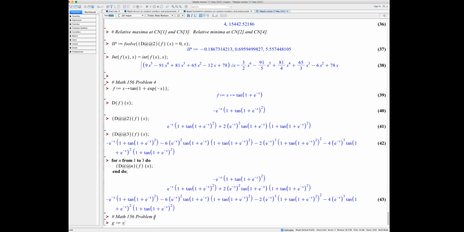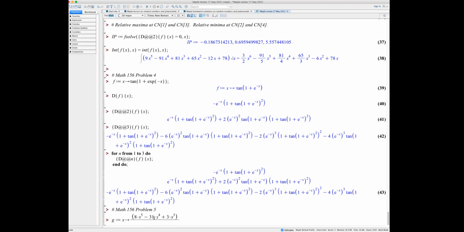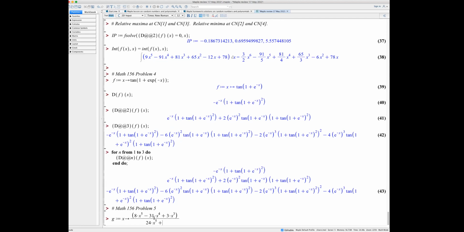It's g. x goes to 8 times x to the 5th minus 31 times x to the 4th plus 3 times x cubed, divided by 24 times x to the 5th plus 7 times x squared minus 111.